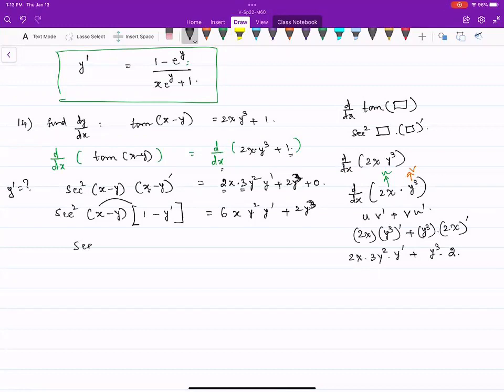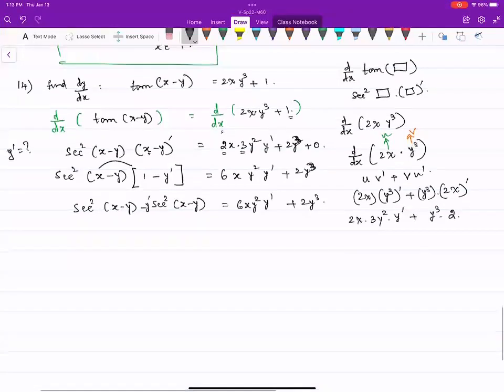So it is secant squared of (x minus y) minus secant squared of (x minus y) times y prime equals 6xy squared y prime plus 2y cubed. Now I'll group all the y prime terms on the right-hand side: y prime times 6xy squared. Then I move the left-hand y prime term to the other side, which becomes plus y prime times secant squared of (x minus y).